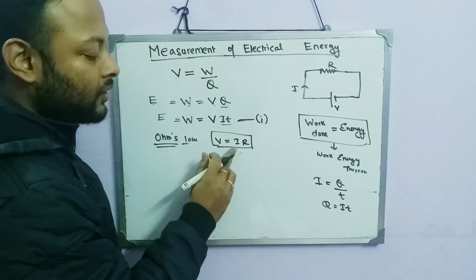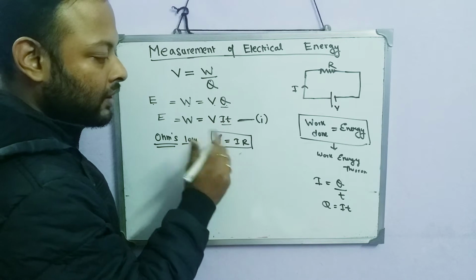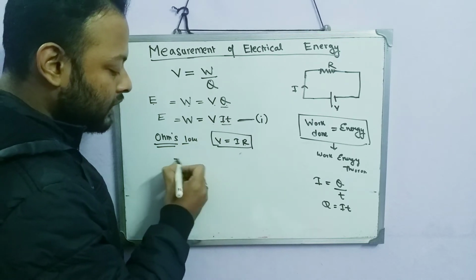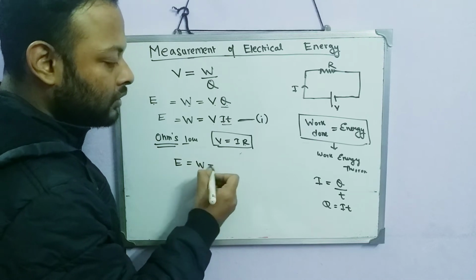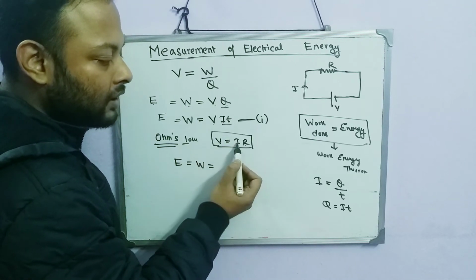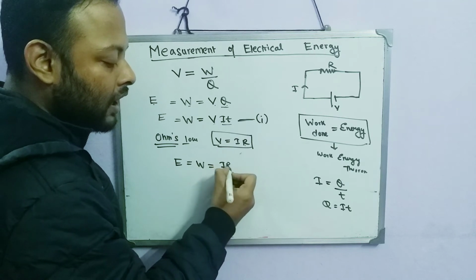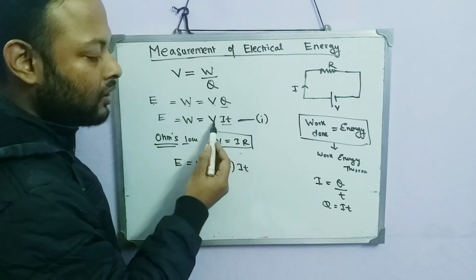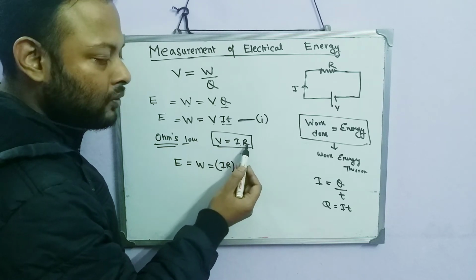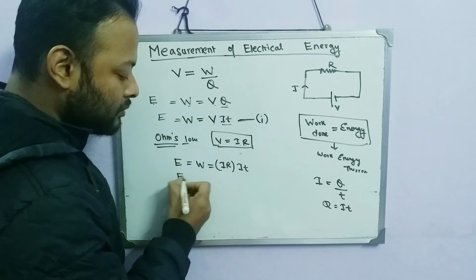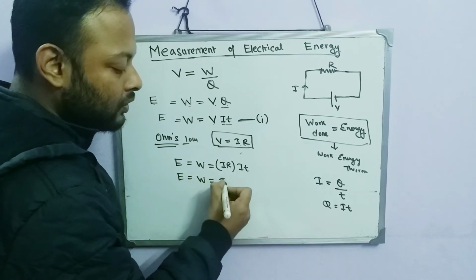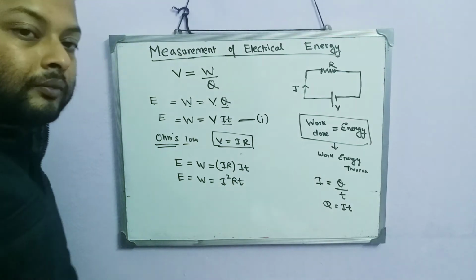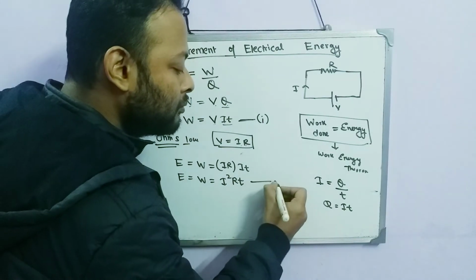Let's put this in equation number 1, so we will replace this V by IR. So energy is equal to work done, which is equal to, instead of V, IR into IT. So this V got replaced by I into R, current into resistance. So ultimately, energy is equal to work done, which is equal to I square RT, right? So this is equation number 2.